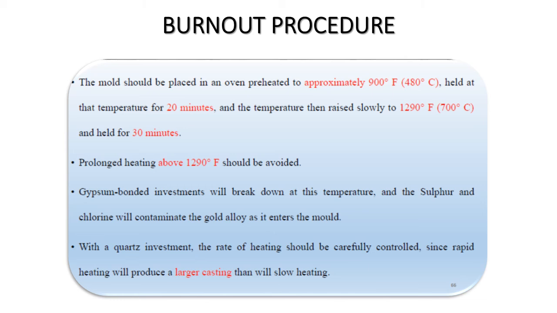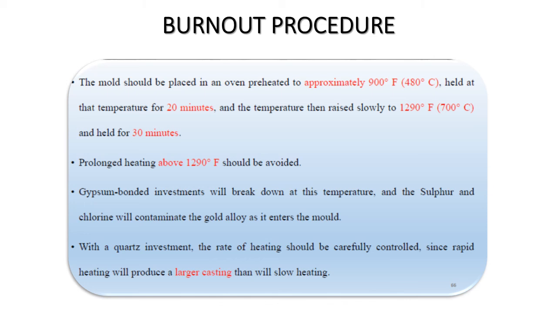Then the temperature is slowly raised up to 1290 degrees Fahrenheit or 700 degrees centigrade and held for 30 minutes. The important point to remember here is that the gypsum bonded investment for making the gold casting needs to be maintained at this 700 degrees centigrade, not beyond that temperature, because the sulfur and the chlorine present in the gypsum bonded investment material may contaminate the gold castings and may cause corrosion or formation of an oxide layer over the casting.